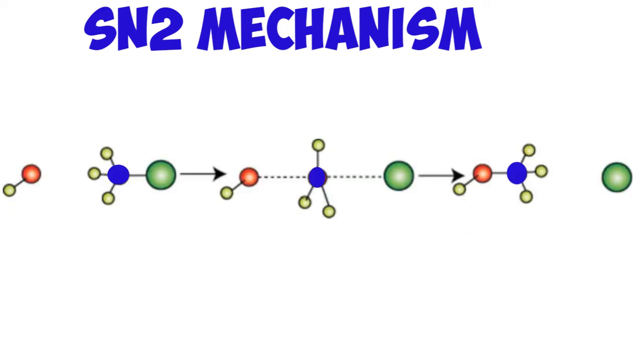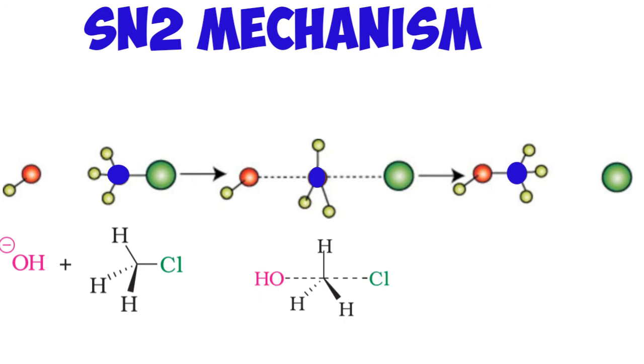Here the red dot represents the incoming hydroxide ion, that is hydroxyl ion. Green dot represents the outgoing halide ion. Blue dot represents carbon atom and yellow dots represent hydrogen atoms.